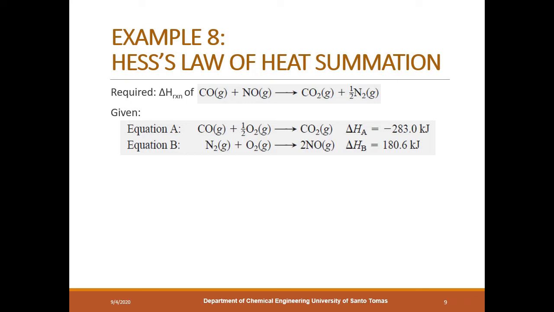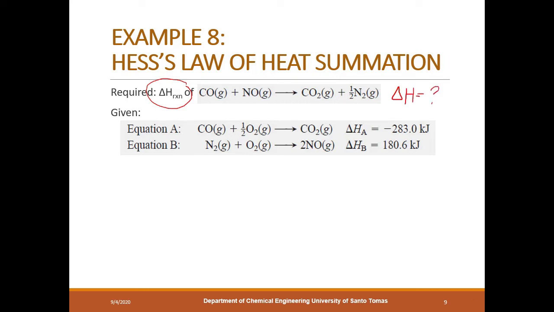For this example, we are actually required to determine the heat of reaction for this given reaction, that when carbon monoxide and nitric oxide react and form carbon dioxide and molecular nitrogen, how much energy is actually involved?